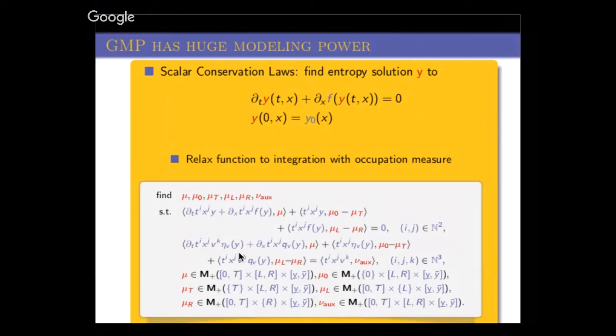Before, I relaxed a point to a measure; now I relax a function to a measure. But it's always the same idea. You have some object, and your problem is nonlinear in this object. The idea is you relax your object to a measure, and then you have linear constraints on your measure. So this is our linear stuff.